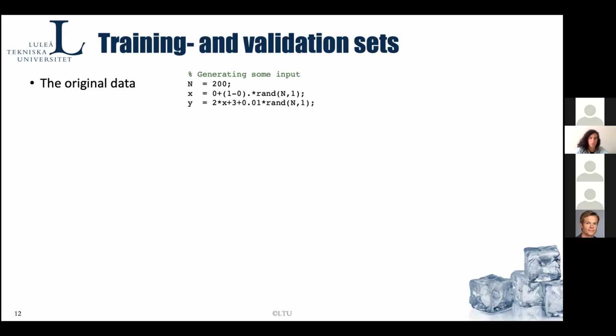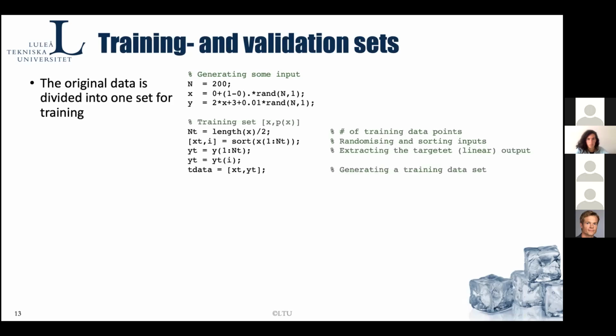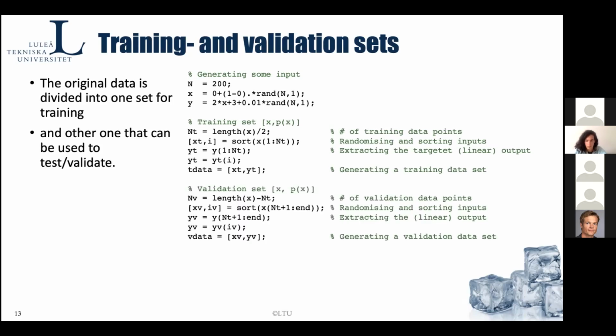So we choose points X within 0, 1, and then generate a linear relationship 2x plus 3, and we add some noise to it, just to not have the exact straight line. Then we take half of those points, make them the training set, and we save the rest for validation.